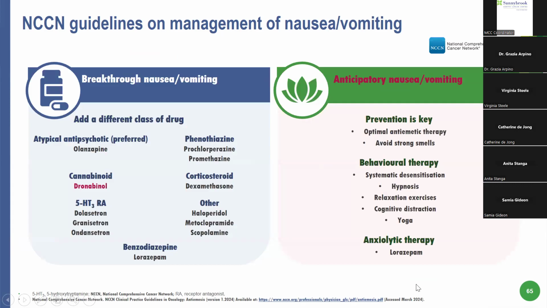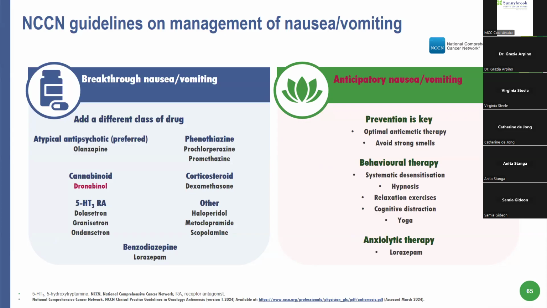What can we use as breakthrough nausea and vomiting? If you manage the day one infusion well, using the right regimen from the very beginning, you don't really need to worry about breakthrough nausea. We basically don't see breakthrough nausea in any patient treated with anthracyclines anymore because we manage it right from the very beginning, and we are starting to take this approach for the SG and T-DXd patient population.